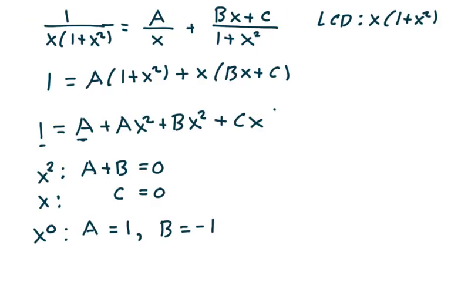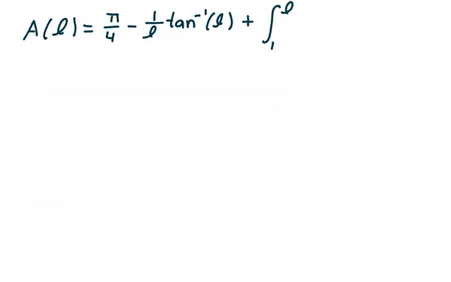Now let's go back. A is 1, B is minus 1. So we get 1 over x minus x divided by 1 plus x squared dx. Remember, c happened to be 0.